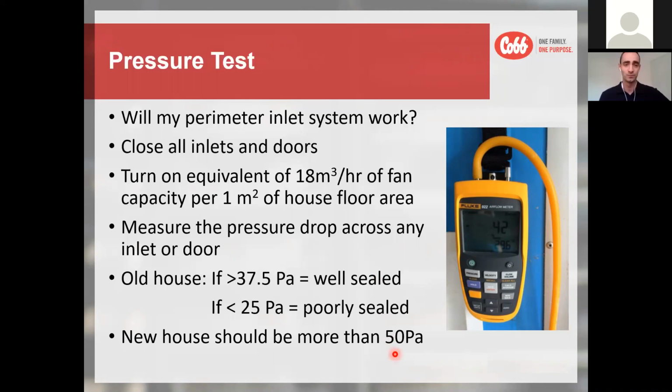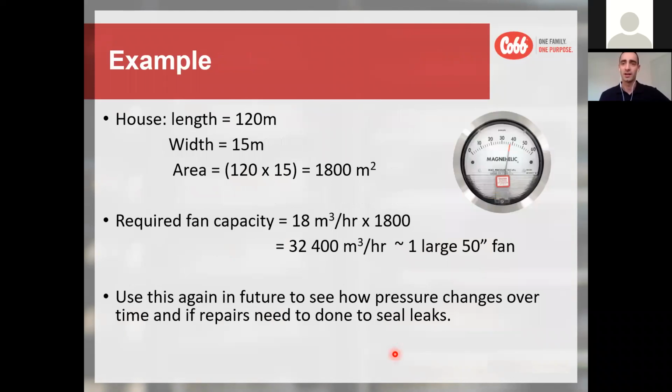But just a quick example, most of your houses are in these sort of dimensions, 120 meters long, 15 meters wide. So you calculate that area, 1,800 meters squared. Turn on the fan capacity, as I mentioned, 18 meters cubed per hour for every meter squared of floor area.